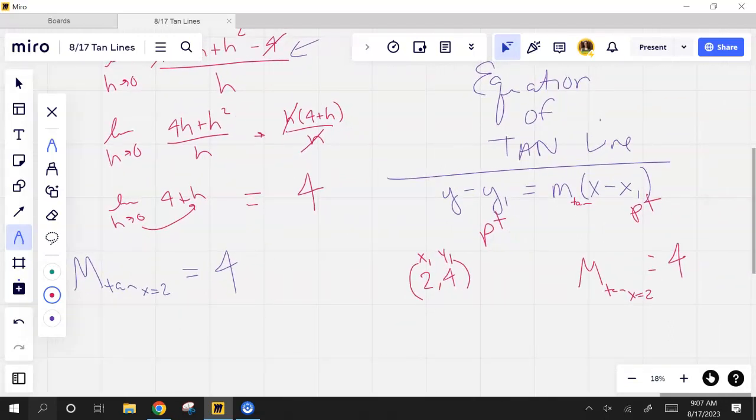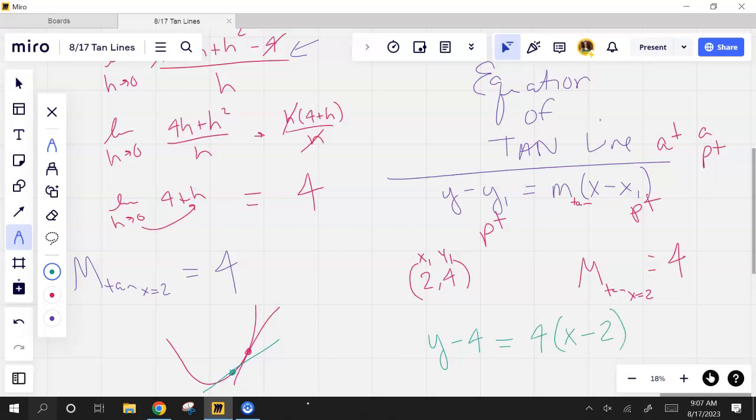So the equation of the tan line, I should say at a point. The equation of the tan line at 2, 4, because the equation is going to change depending on where you are on that curve, right? If I'm here, this tan line is a lot different than if I'm down here. So the equation of the tangent line at the point 2, 4 would be y minus 4, slope times x minus 2.